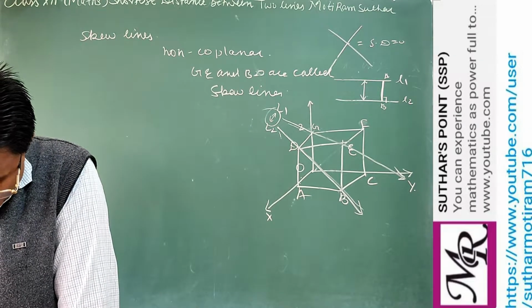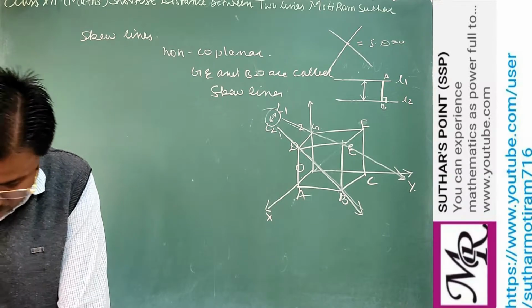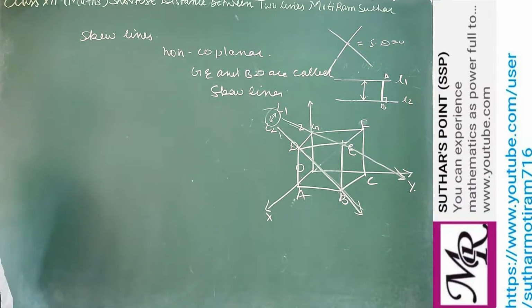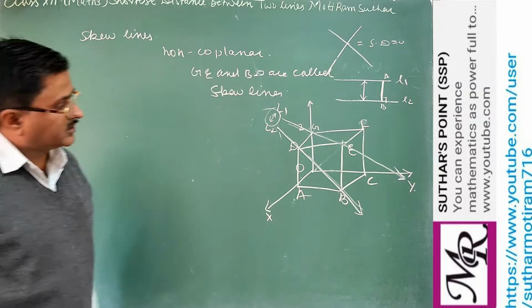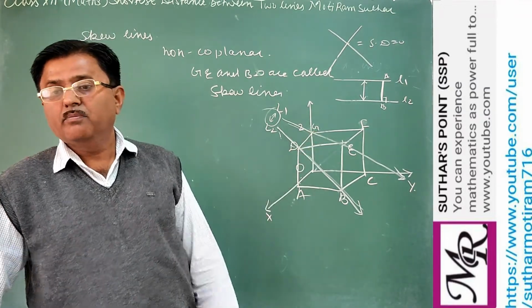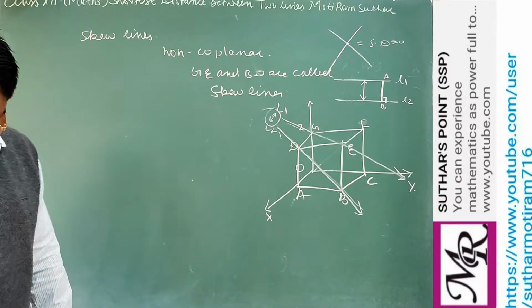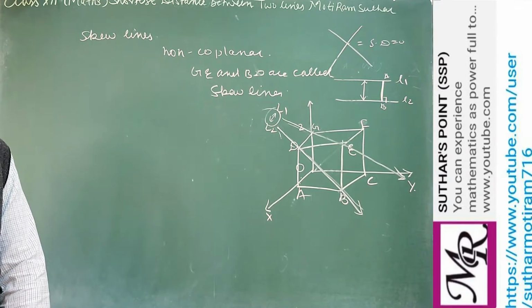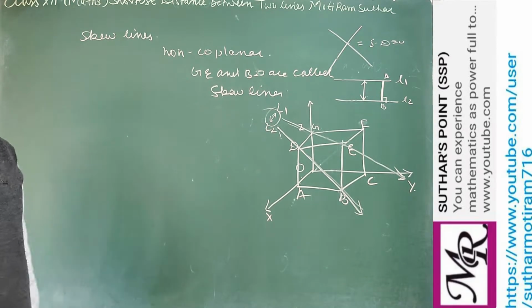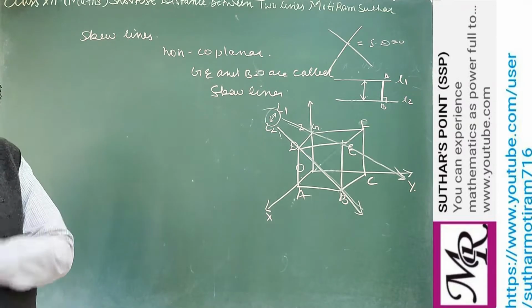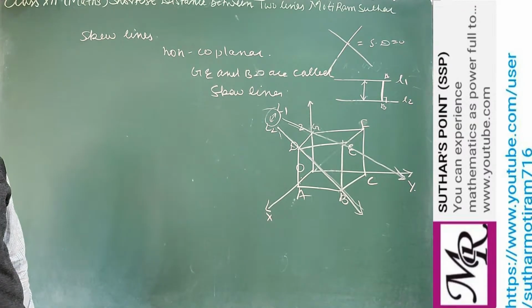So for skew lines, the line of shortest distance will be measured perpendicular to both, and you already know distance is always measured perpendicular. So for the distance between two lines, we can derive the formula. We determine the shortest distance between two lines in the following way.